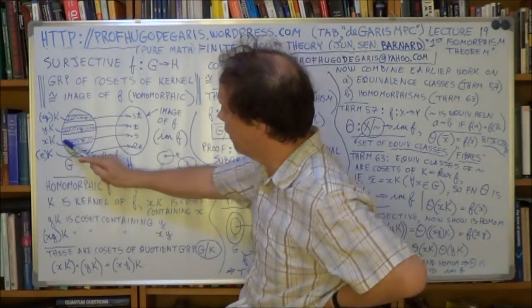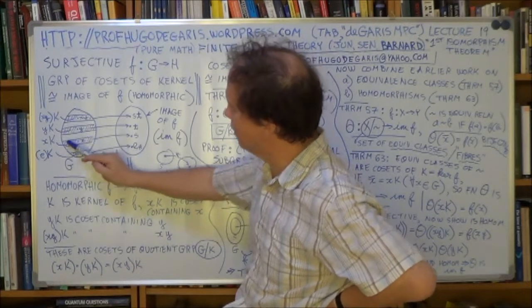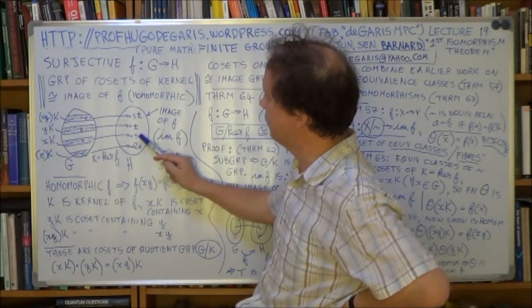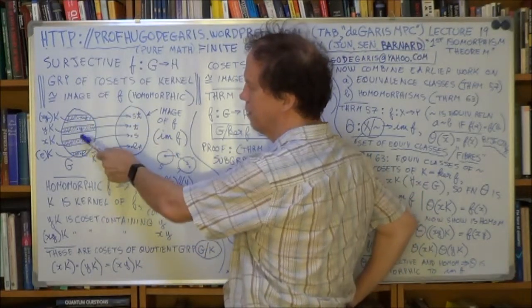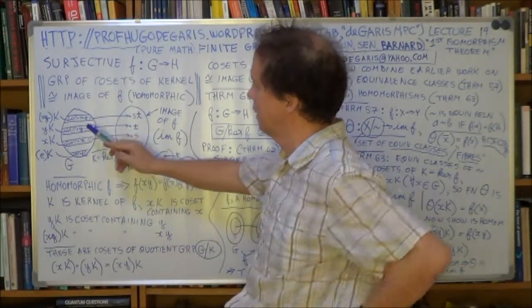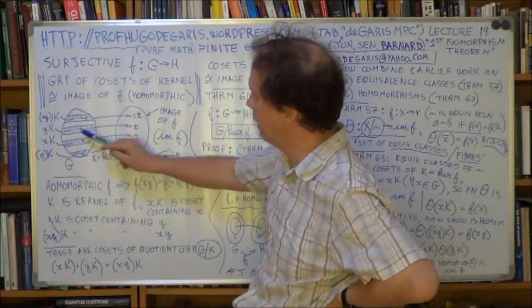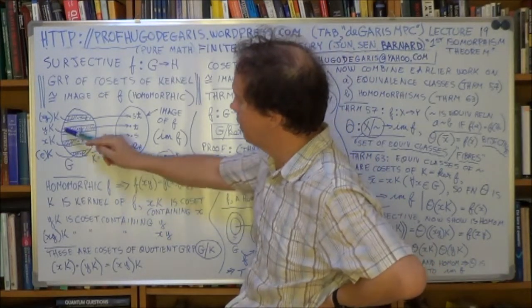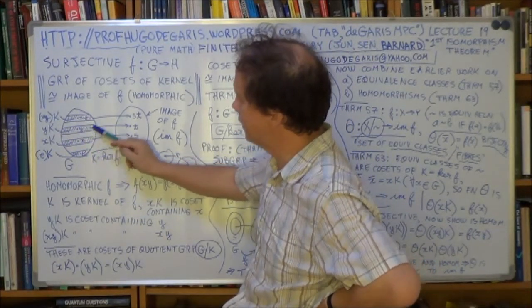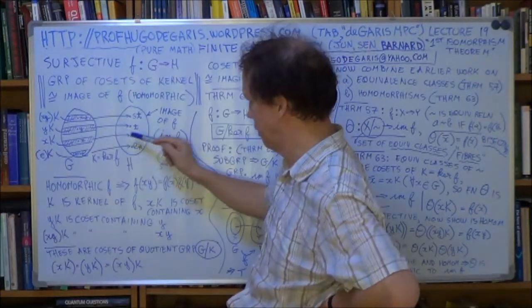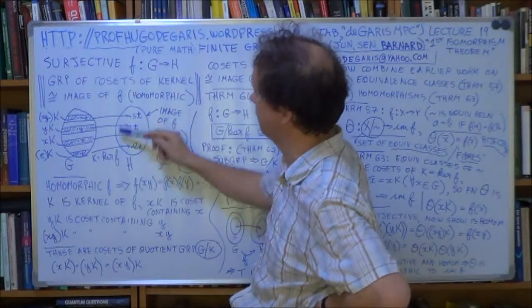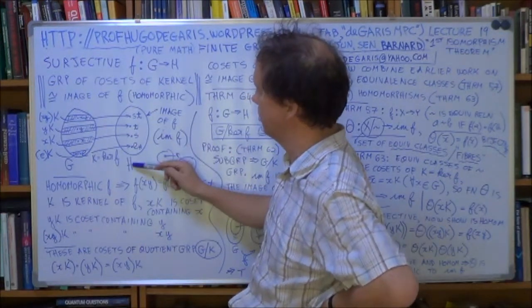So all the other elements in this coset also map to S. Now take another coset, a different coset, and it contains the member Y, little y here. All the elements in this coset will map to a different element from S, let's say T, in your target group H.